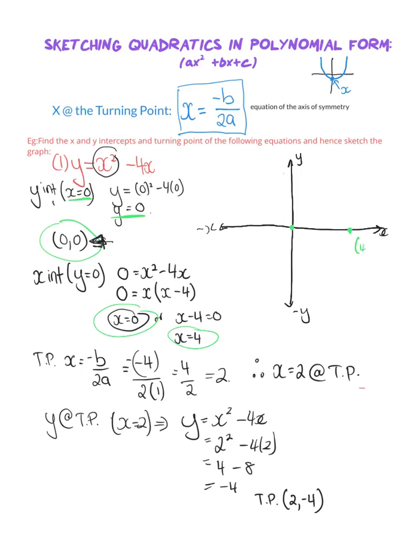So we write the coordinates out, with those little brackets, and we'll sketch our happy parabola because it's a positive quadratic. And I've also worked out the turning point, which is 2 and negative 4. Okay, so there's a point of interest, and that's the first one done. Okay, I'm going to do some more examples on a new page.